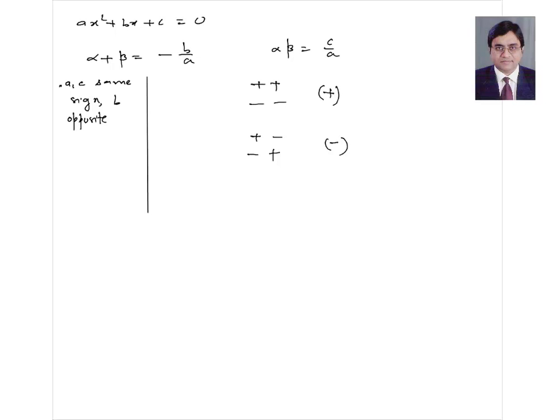Suppose a and c are having the same sign and b is having the opposite sign. Then what can you conclude about the roots? Both roots will be positive. Yes, that's right.